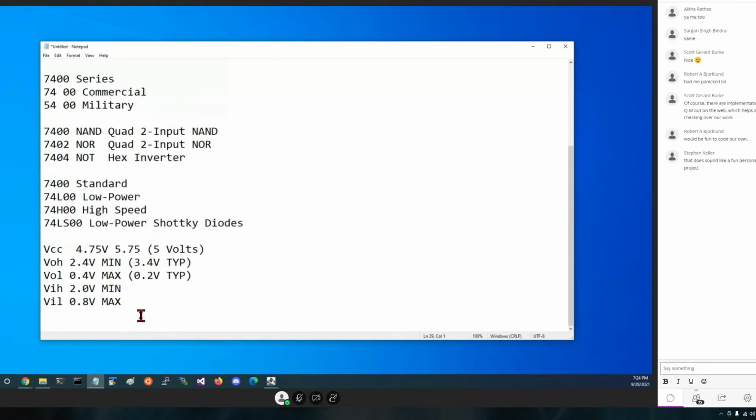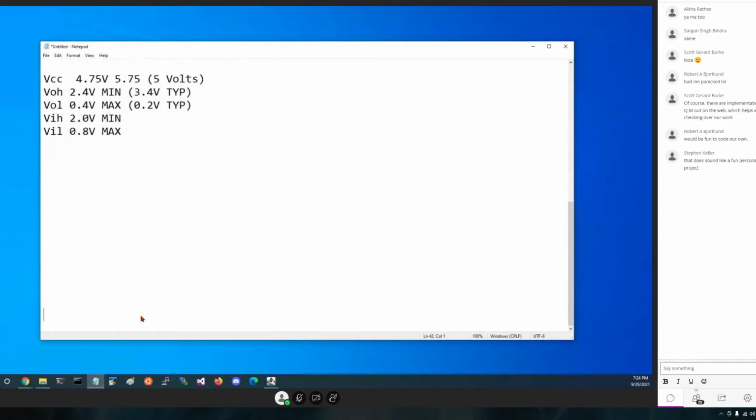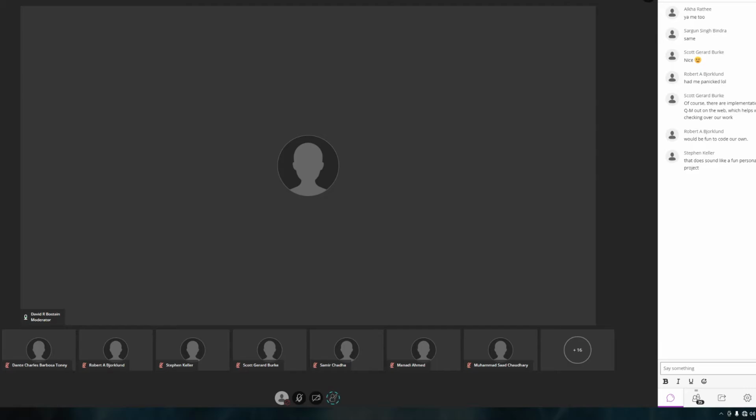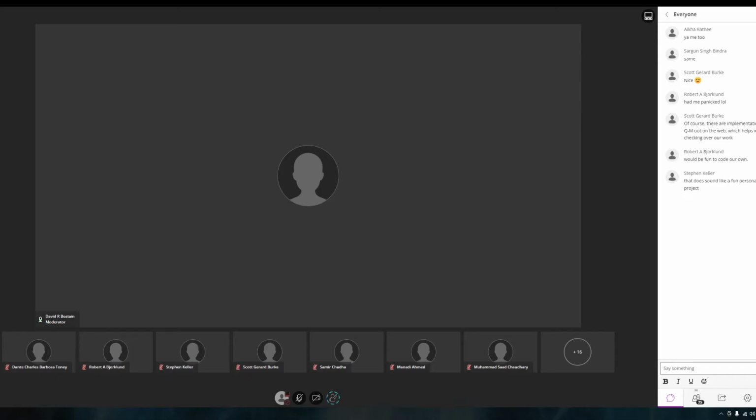Okay, let's talk about currents for a second here. We're going to have a current on the output when we're high, current on the output when it's low, current on an input when it's high, and a current on an input when it's low.